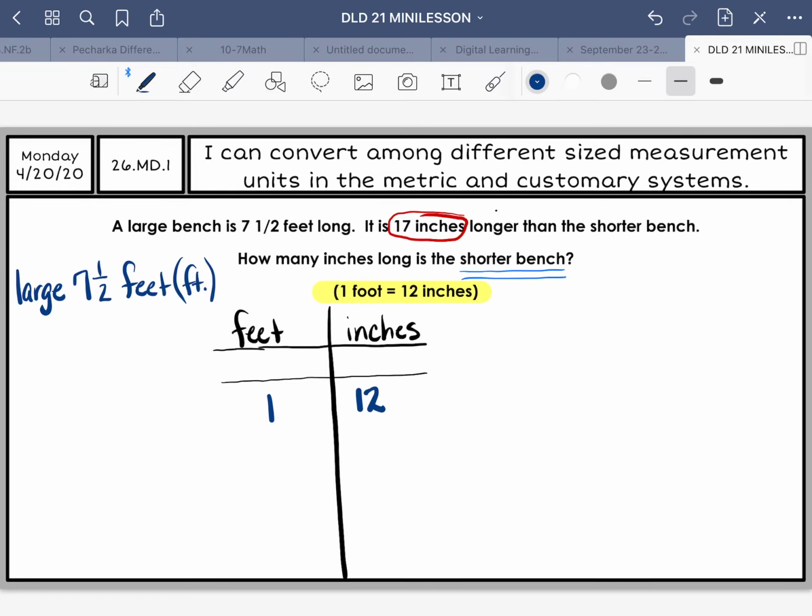And that's interesting because I have a bench that is 7.5 feet long. Now, if I had 2 feet, I would take my 12 and add another 12. And I know that 12 plus 12 equals 24.